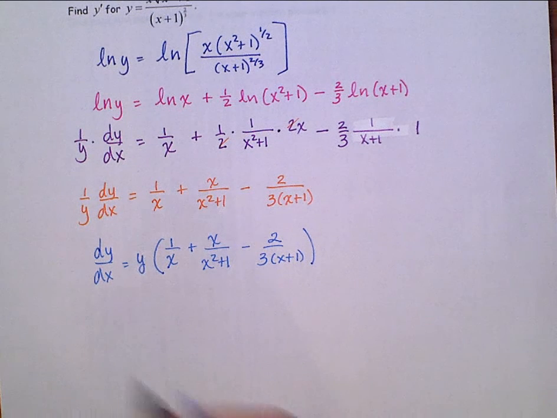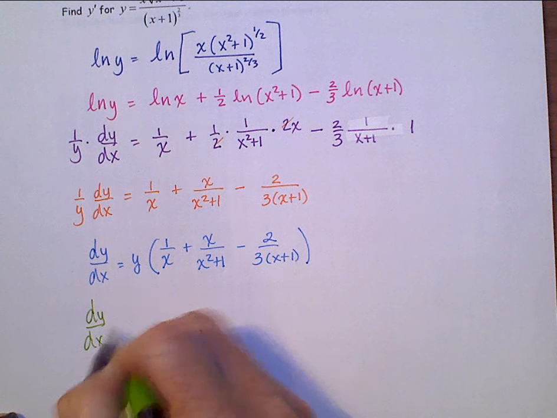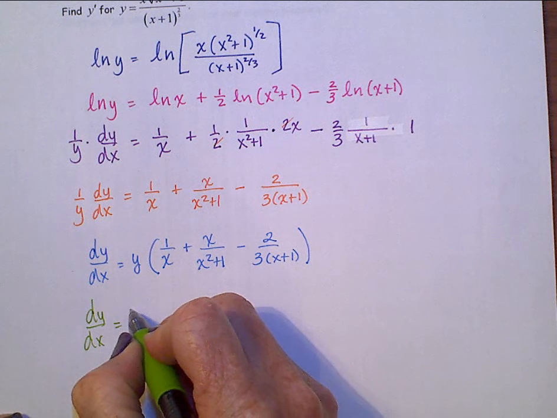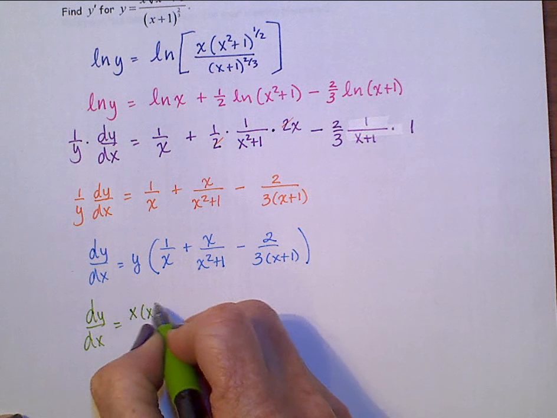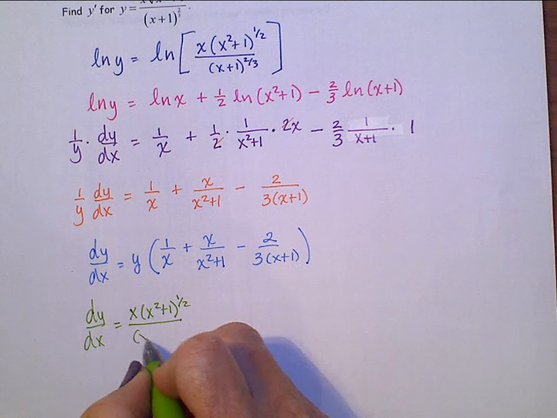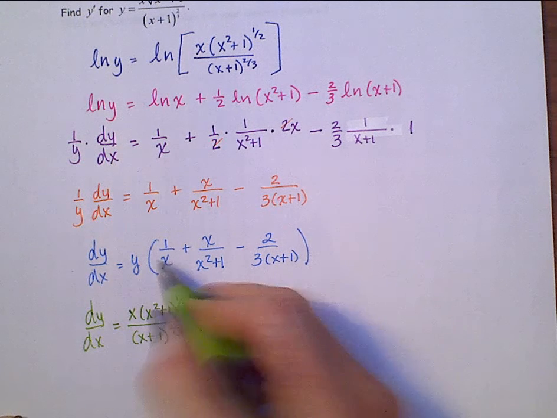Replace out that y. And, ooh, what a mess. x times x squared plus 1 to the half over x plus 1 to the 2/3 times this big old mess.